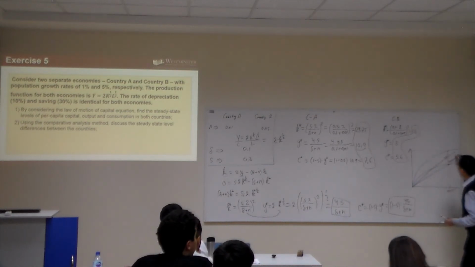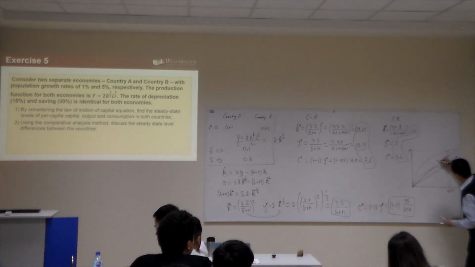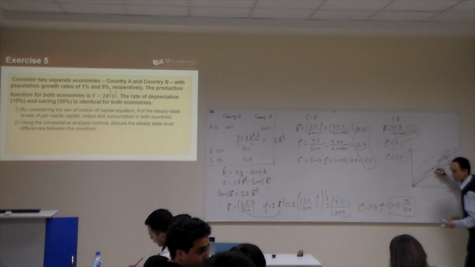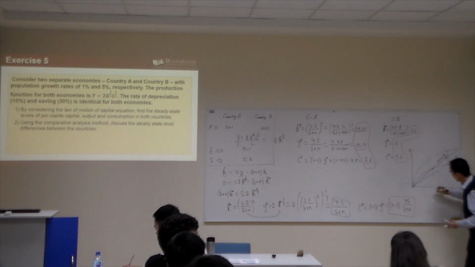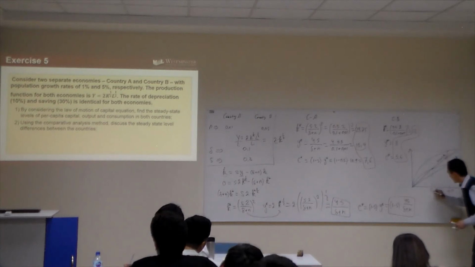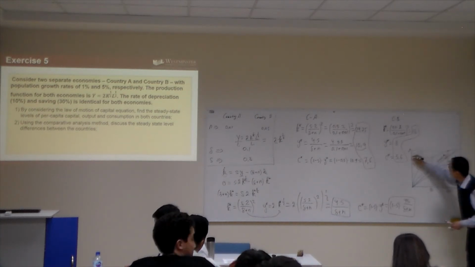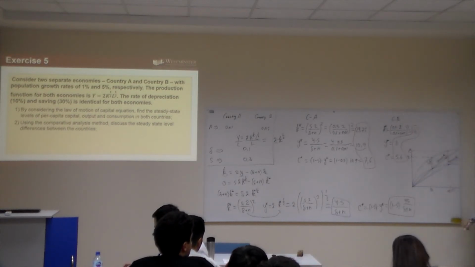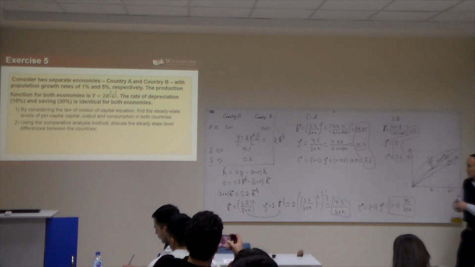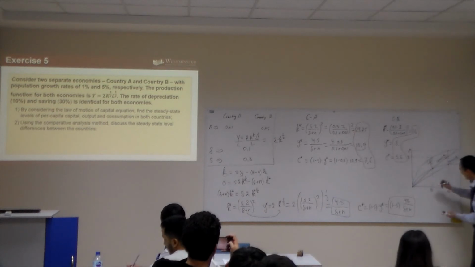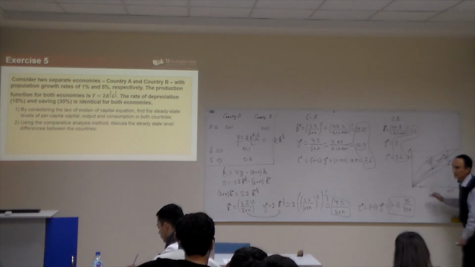This slope is now steeper, which is that depreciation rate plus growth of 5% times per capita capital, with it reached steady state level at this point, which is equal to per capita capital 16, output at this point is 8, and consumption is 5.6.